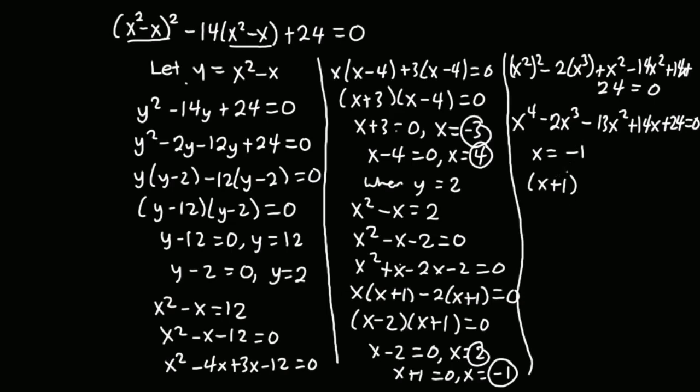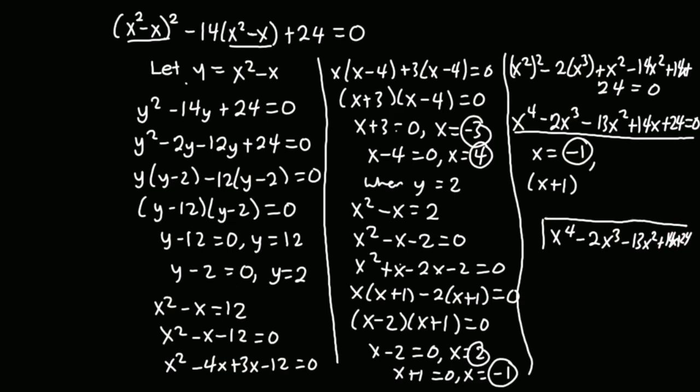Generally you can give this whole thing to a calculator, because I don't want this video to be lengthy. Otherwise we would have divided x exponent 4 minus 2x cubed minus 13x squared plus 14x plus 24 by one of the factors, which is x plus 1.